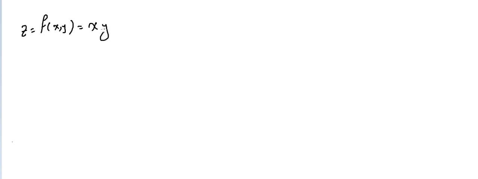Which is the value of x times the value of y. We'll do some more examples of that, but let's start with this the first time. Let's have the condition that x is a value between 0 and 3, and y is a value between 0 and 2, right?